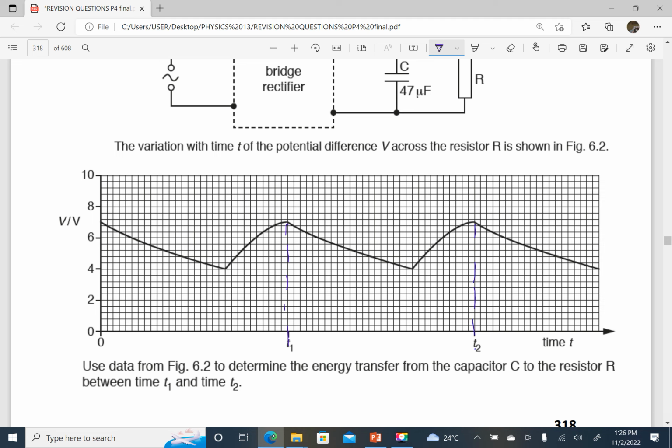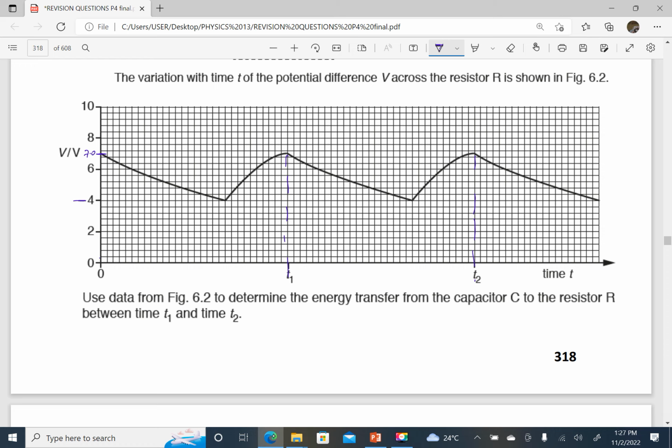I want you to note that discharge is occurring within this peak, and I think this is 7.0 because the scale here is 0.2 divided by 5, that is 0.4, so this is 7.0. So the discharge occurs from 7.0 up to this level here, up to 4.